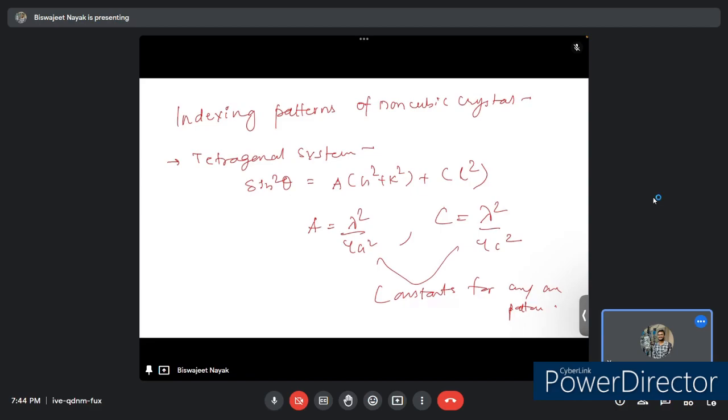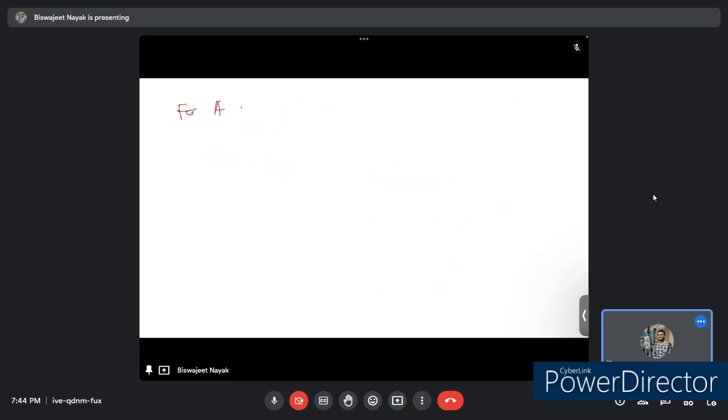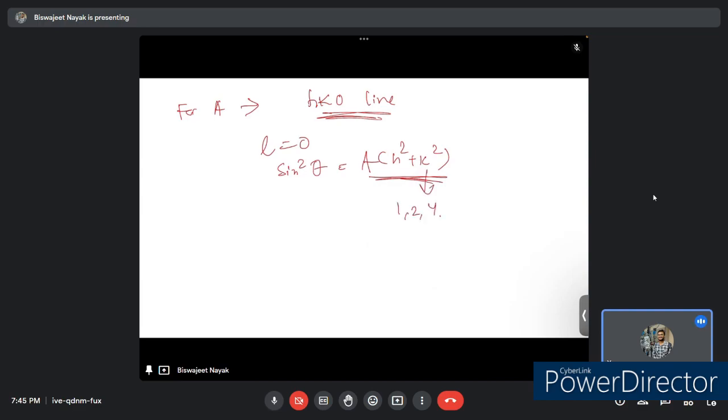For this, sin square theta must obey the relation A(h square plus k square) plus C l square, where A is lambda square by 4a square and C is lambda square by 4c square, and these are two constants for any one pattern. So now the problem is to find these constants.